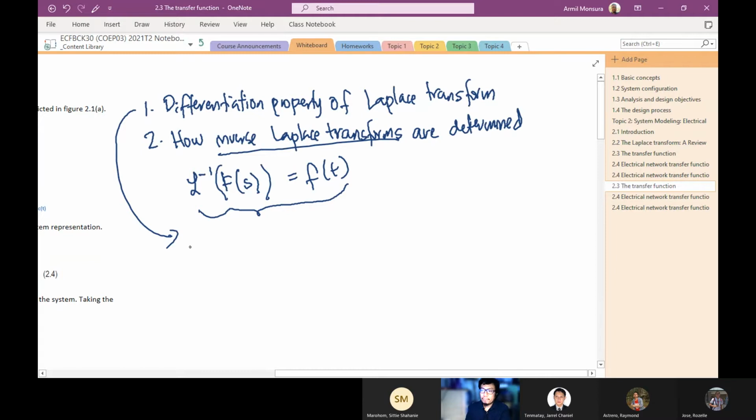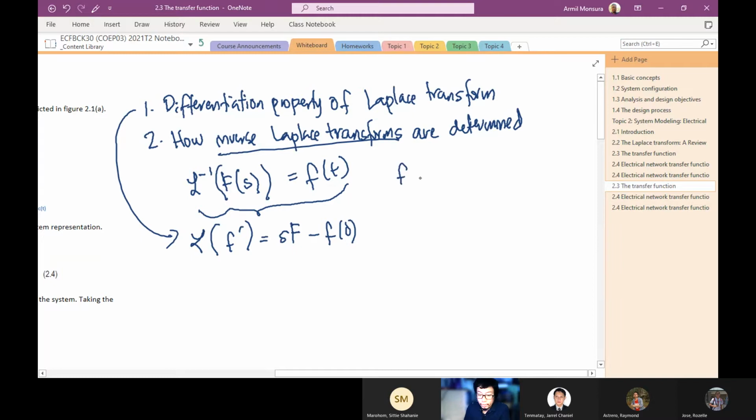Okay, it states that the Laplace transform of the first derivative of a function is s times F, minus f of 0.